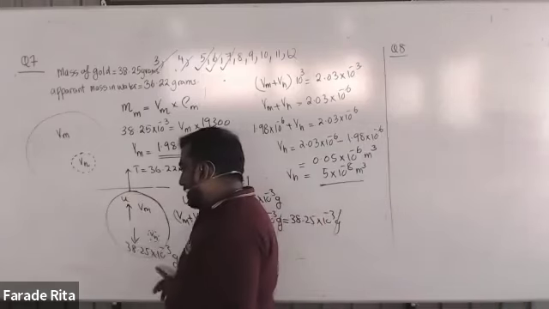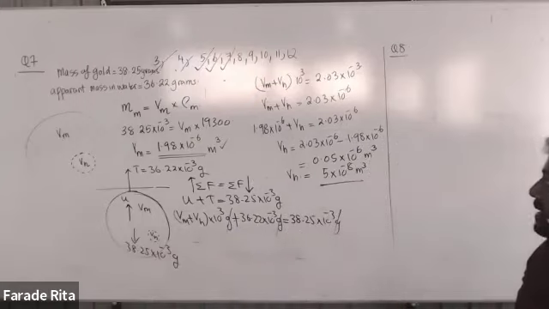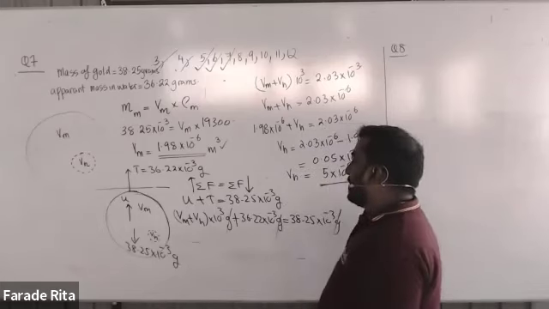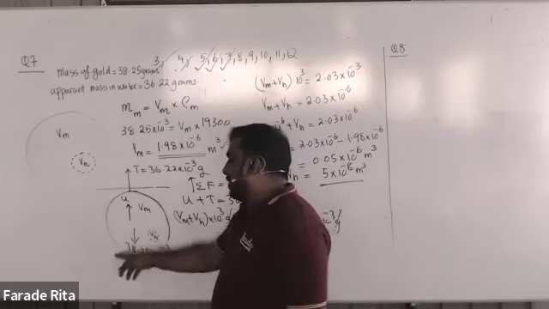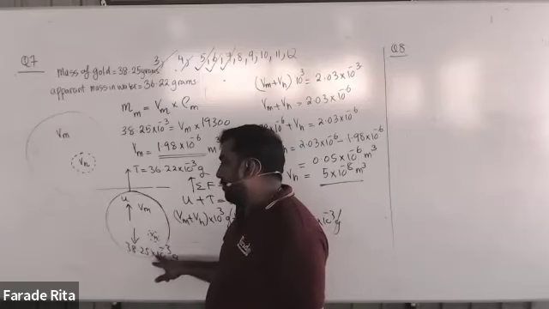And when we consider the upthrust, we must consider the total volume. So volume of metal plus volume of hole.